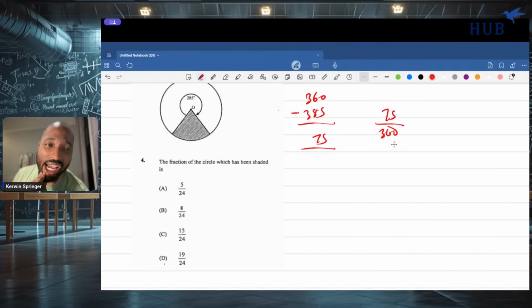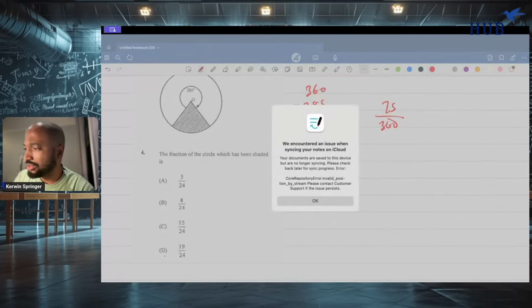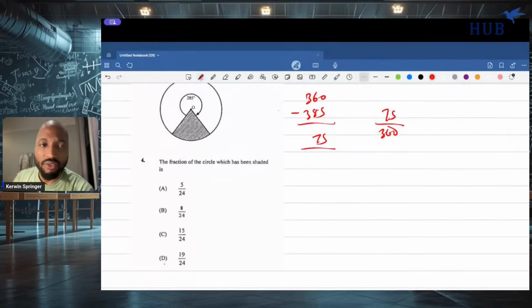What you get? 75, it can't go into 75, so it must be 5 out of 24. 5/24. Oh, sorry, minus 285. Yeah, that should be a 285 there. So I'm going to make sure I do this subtraction properly. 285 is still 75. 75 out of 360. My bad. Oh gosh, I just wrote 3 instead of the 2. I'll focus on the right thing now, boy.